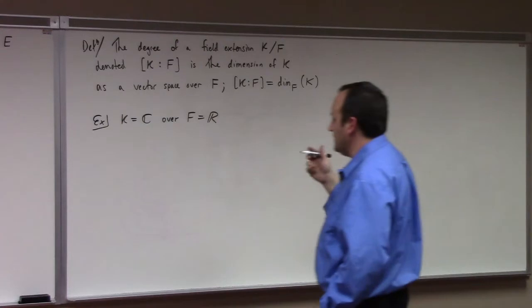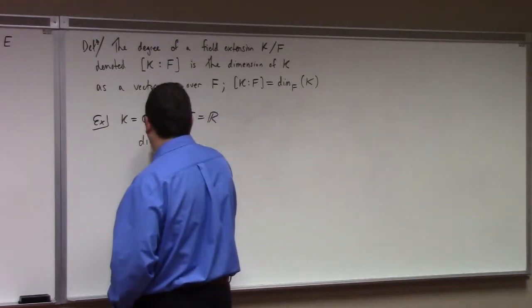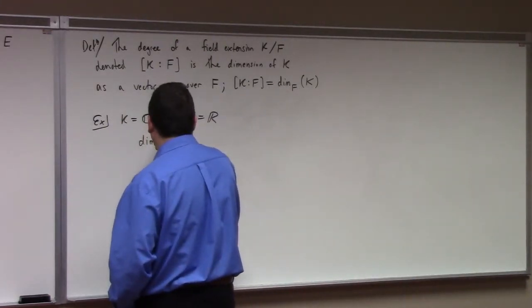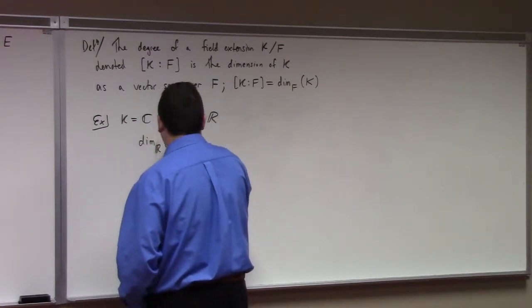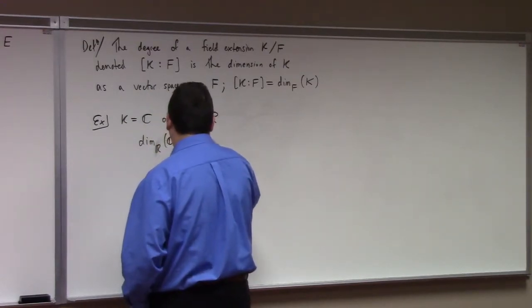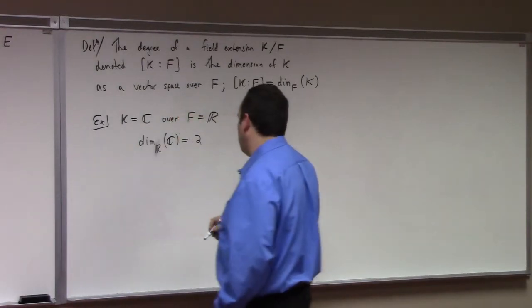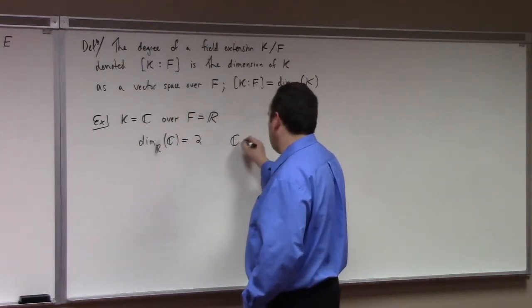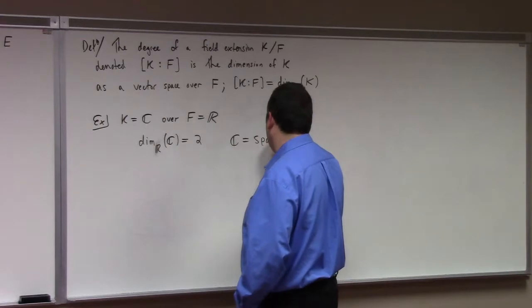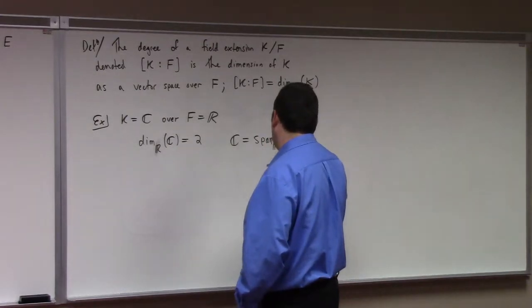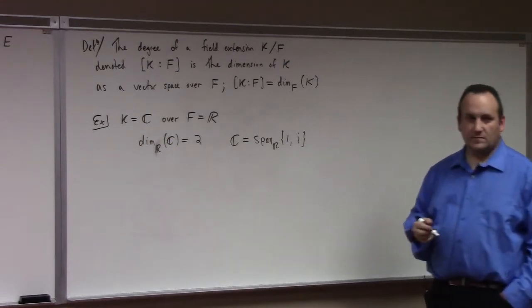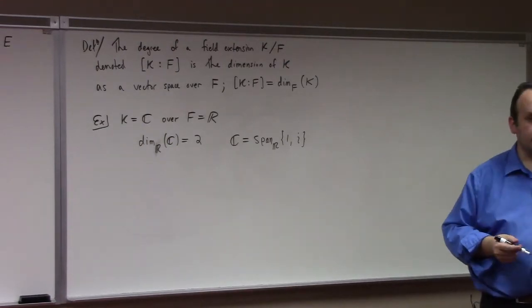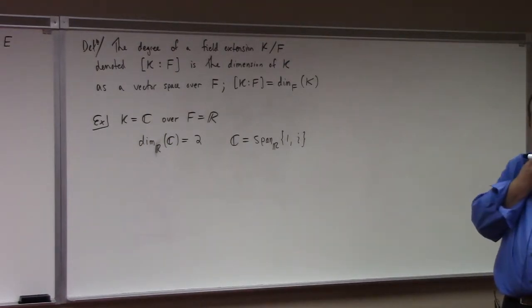Then the real dimension of the complex numbers is 2, right? Because C is the real span of 1 and i, right? And that's a basis. So the complex numbers are a degree 2 extension of the real numbers.